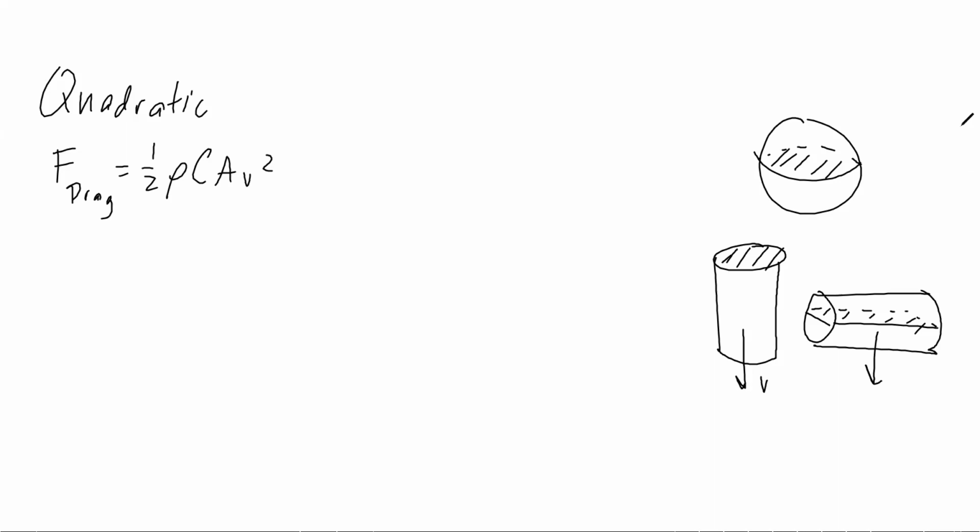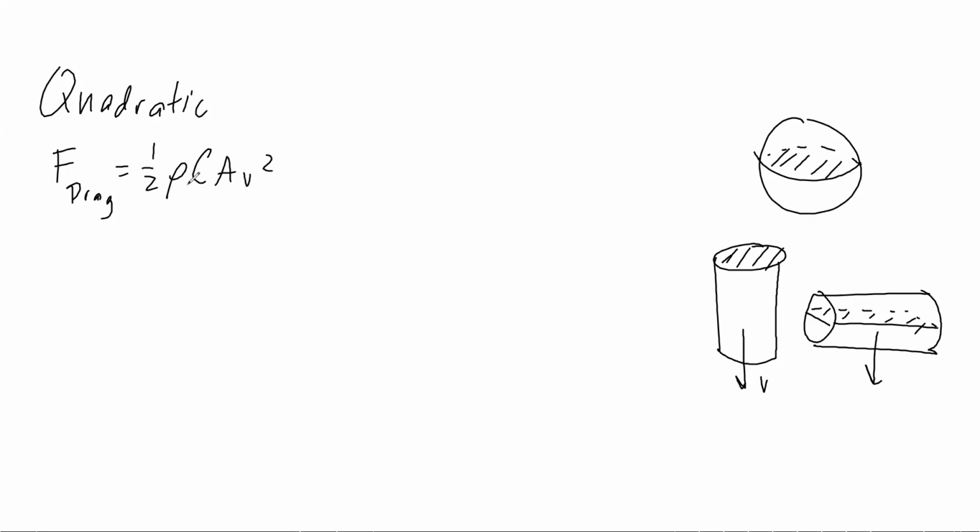Typically, objects tend to equilibrate themselves when they're moving in fluids such that their center of gravity is the lowest, but that's not really relevant to this conversation. So that's cross-sectional area.